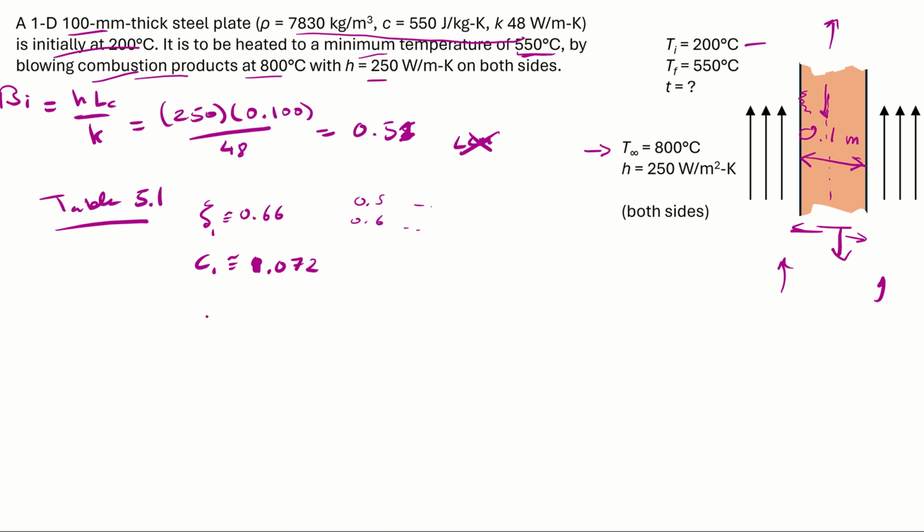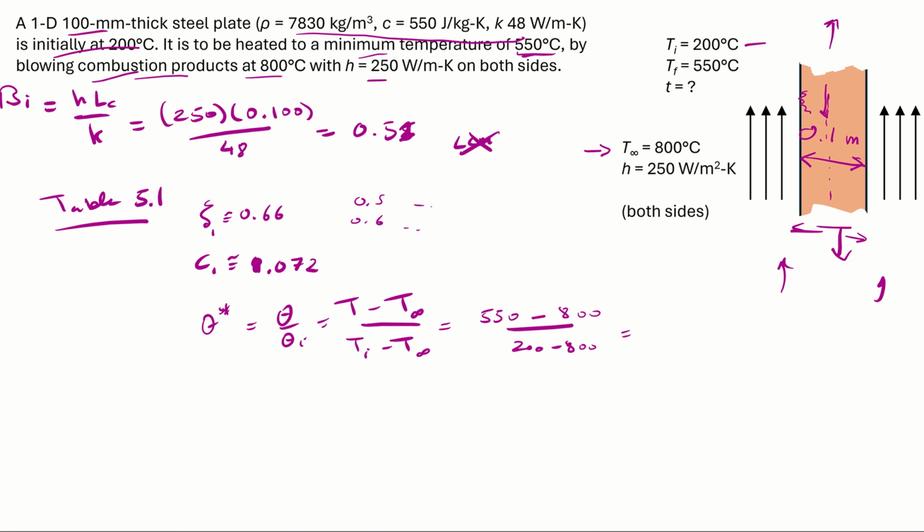And you have, according to the temperatures, the dimensionless temperature difference, theta over theta i, which is T minus T infinity over Ti minus T infinity. So you have 550 minus 800 divided by 200 minus 800, which would give you 0.41517.